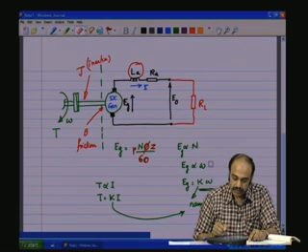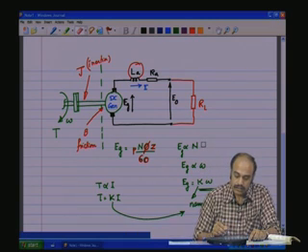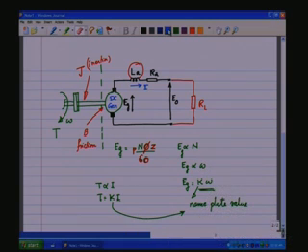The conversion between radians per second and RPM: if I have N RPM, N into 2 pi by 60 will give omega in radians per second.